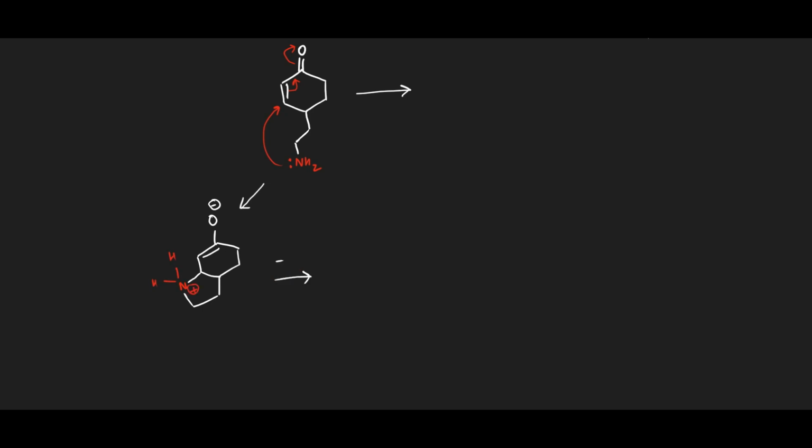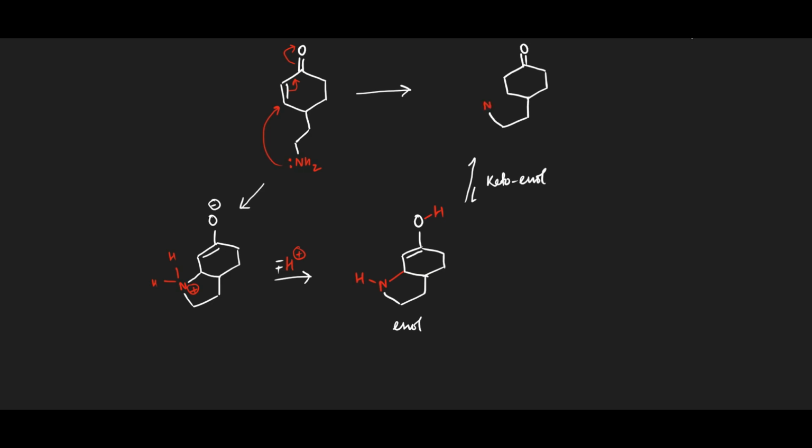In the next step, the oxygen is protonated intramolecularly, with the proton lost from the positively charged nitrogen. The enol is formed, which then tautomerizes to the more stable keto form. Thus, this is an example of intramolecular Michael addition.